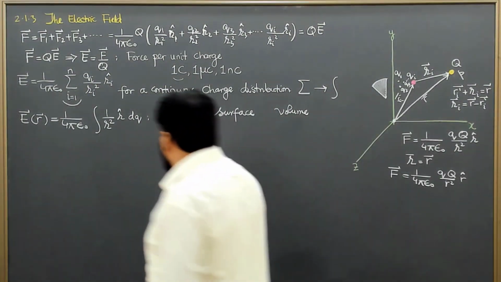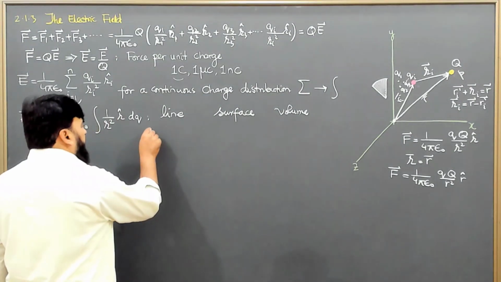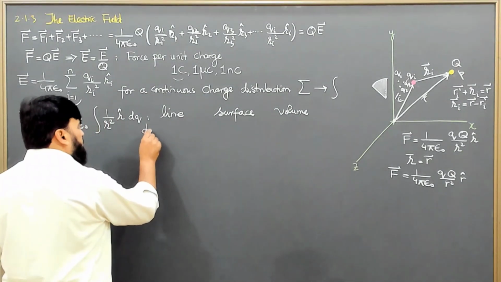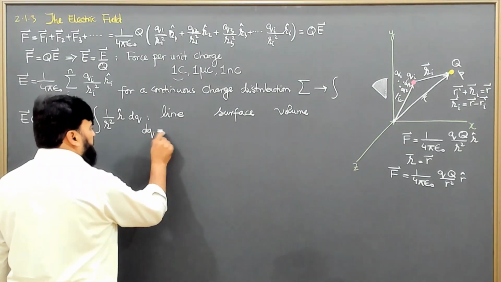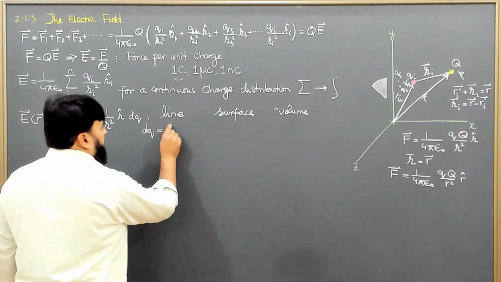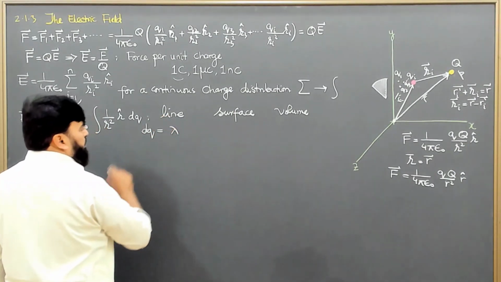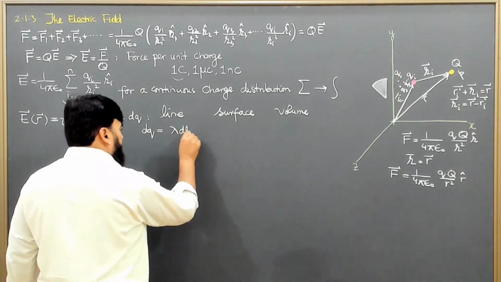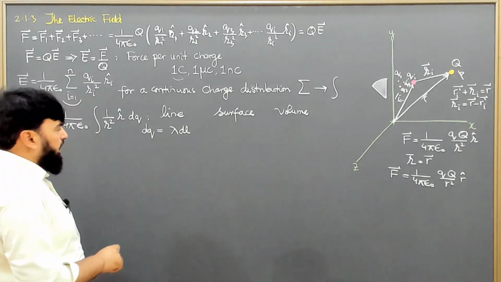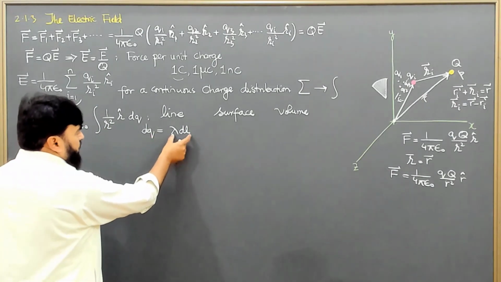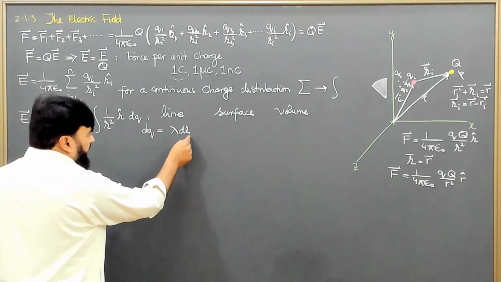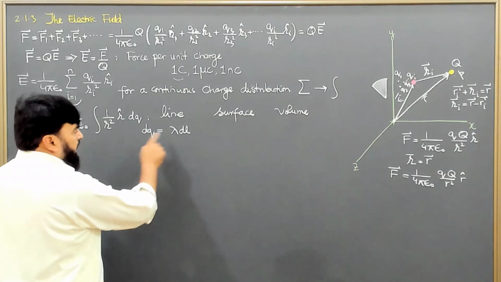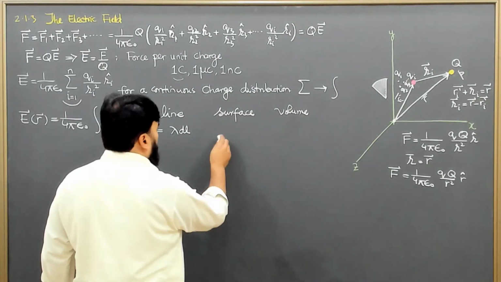So in those situations, we will have dq equal to, if lambda is the charge per unit length, lambda times dl, and when this is integrated, it will give us the total charge. So dl gives the charge dq when multiplied with lambda.